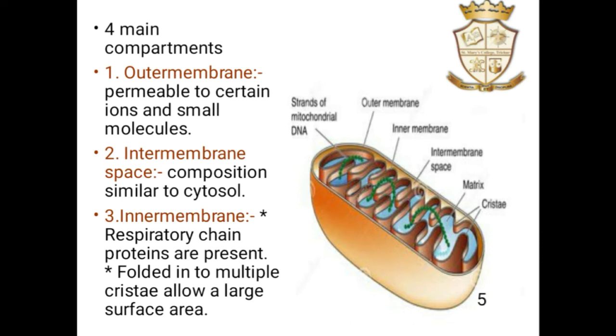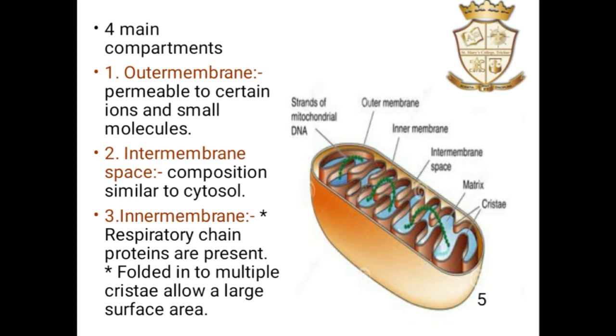So the outermost layer is the outer membrane. This is the outer membrane of the mitochondria. The outer membrane is permeable to certain ions or small molecules, and it is specific for certain ions and molecules.